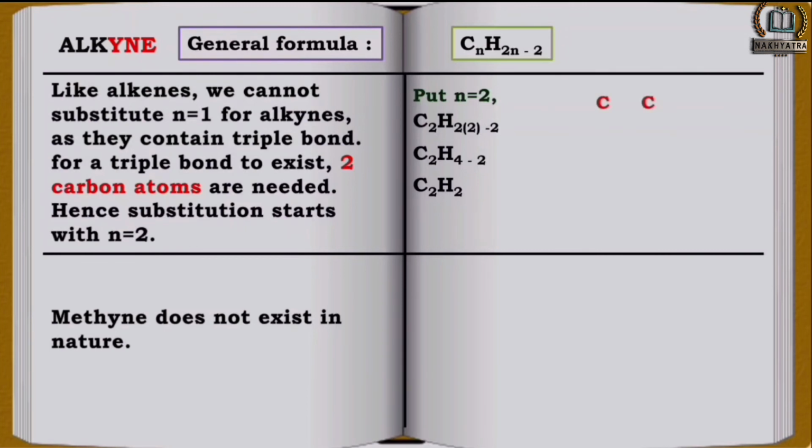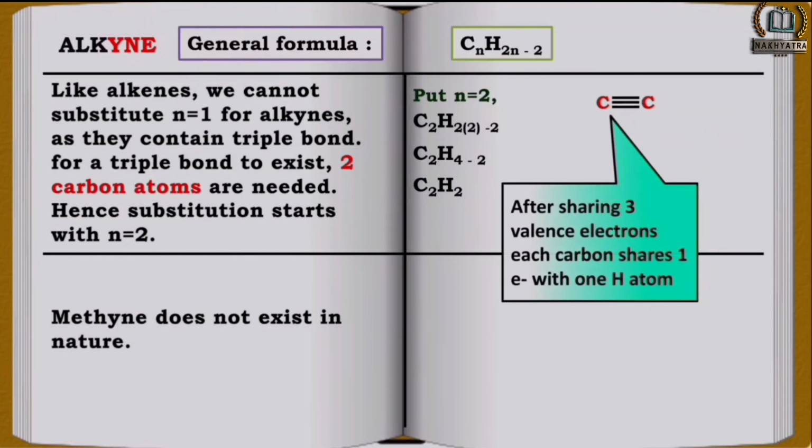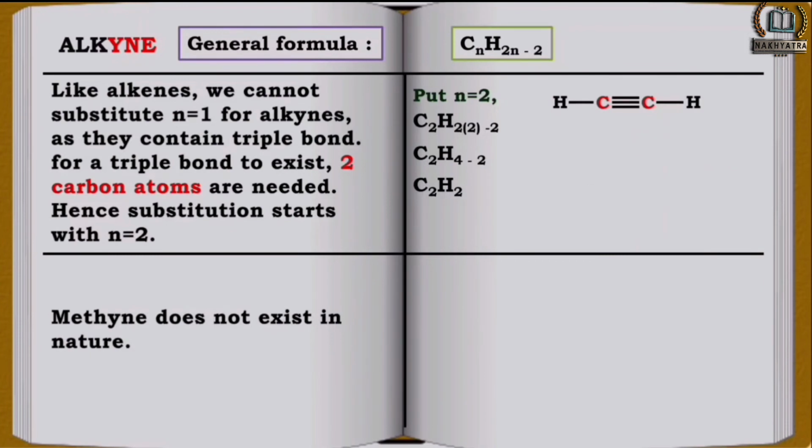Draw the structure now. Now since the compound is an alkyne, we draw the triple bond. After sharing 3 valence electrons, each carbon shares 1 electron with one hydrogen atom. Okay, so this is the structure and the compound is ethyne.